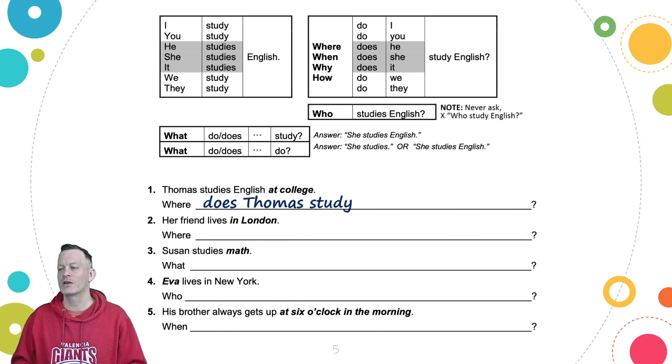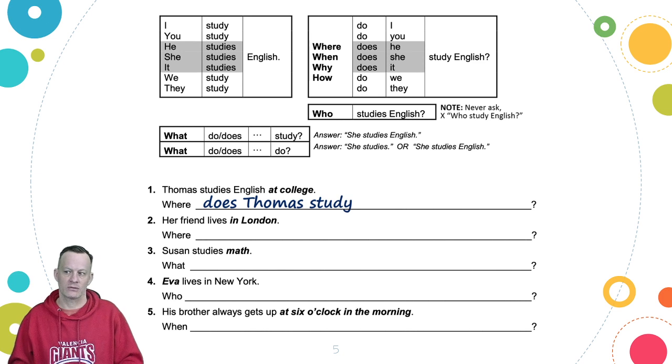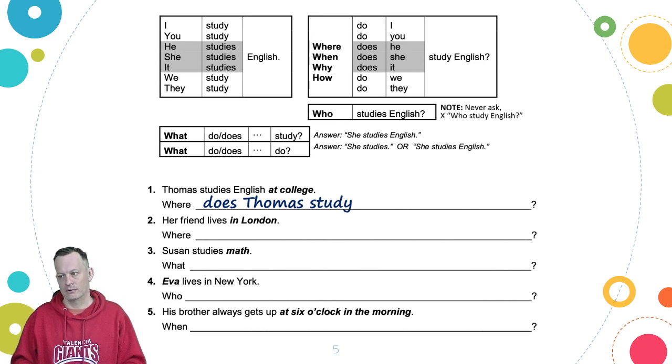So, number 2, her friend lives in London. It's very similar. Where? In London. So what's the answer? Where does her friend live?